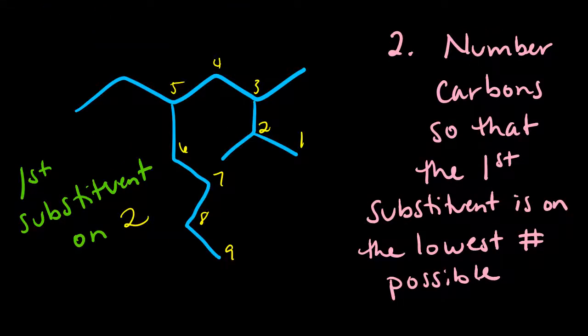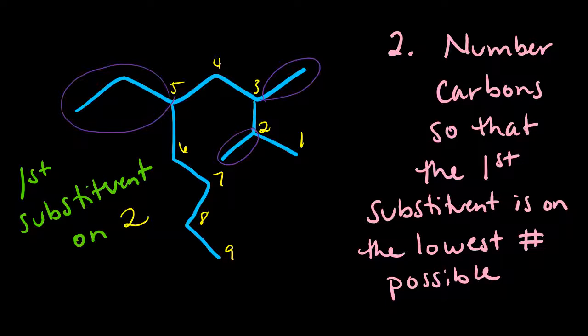We now need to identify what we consider substituents on this parent chain. So I can see that if I use the numbering scheme in yellow, I have a group sort of dangling off of carbon 2, carbon 3, and carbon 5, and those are going to be our substituents.